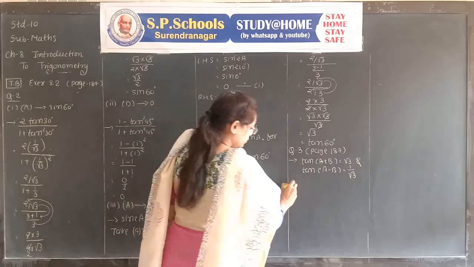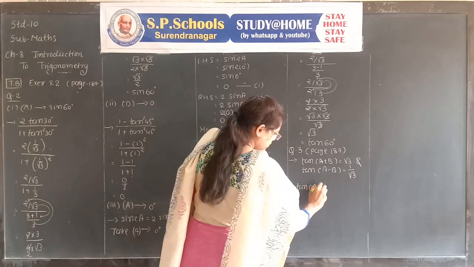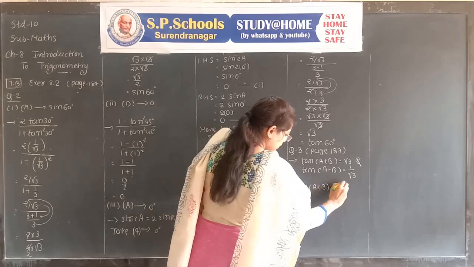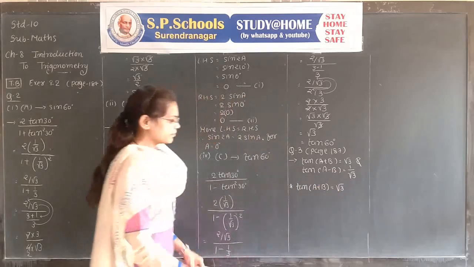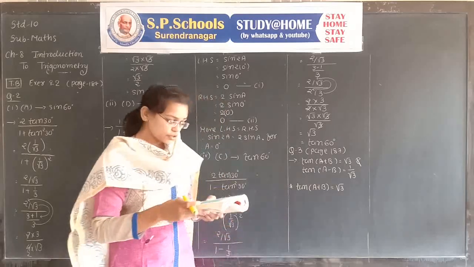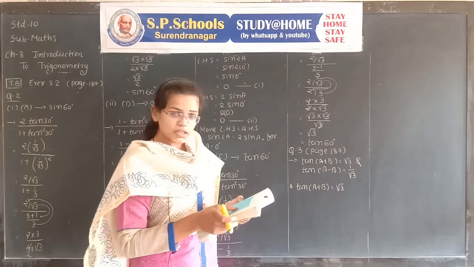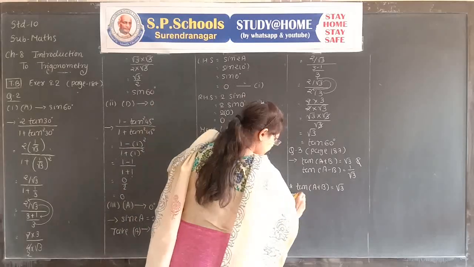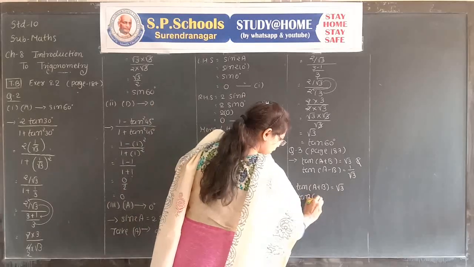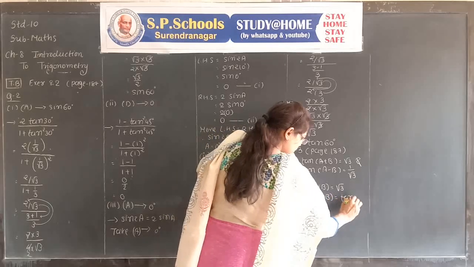First use tan (a plus b) is equal to root 3. Now see the table, where the value of tan is root 3. Tan 60 is root 3. Therefore, tan (a plus b) is equal to tan 60.